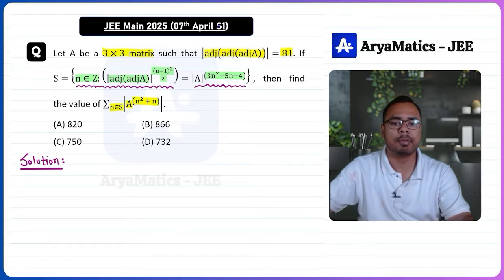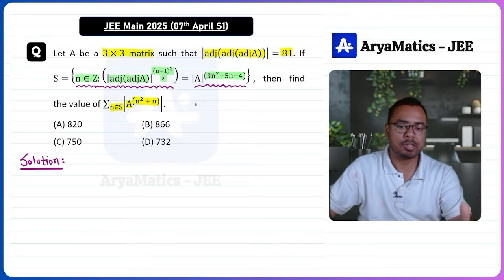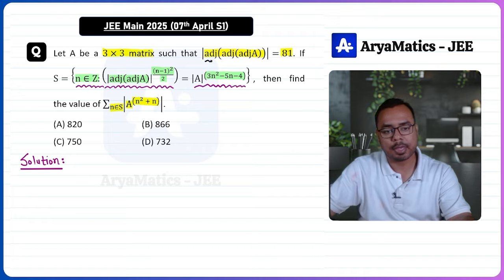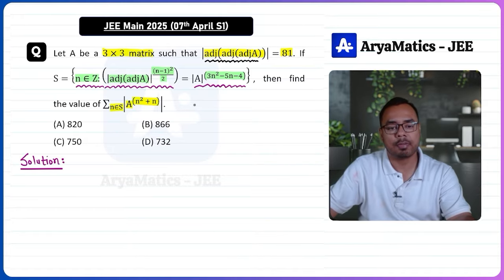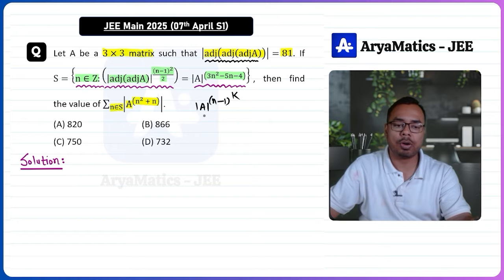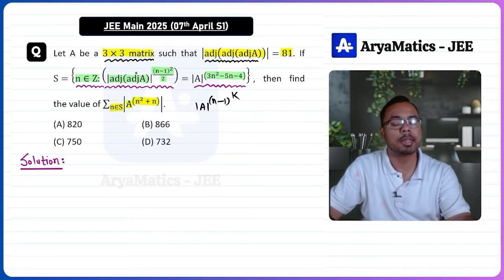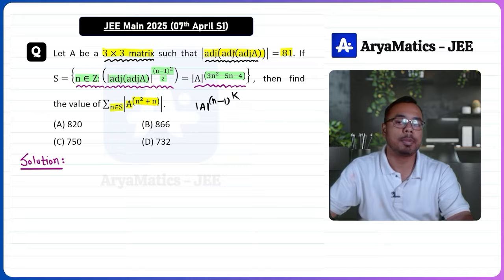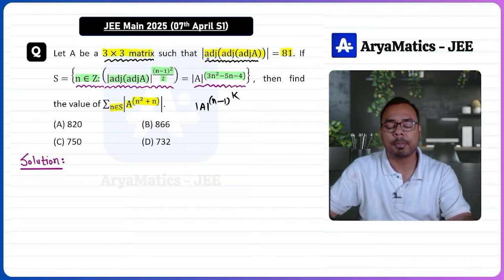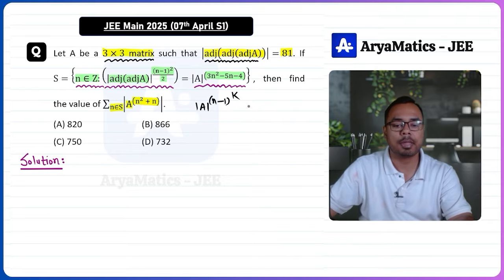So we know that if we have determinant of adjoint of any matrix, and this adjoint is taken a number of times, then for this we have a standard formula that this is determinant of A raised to (n minus 1), and this raised to k, where n is the order of matrix. For example, here the given matrix is a 3 cross 3 matrix, so n will be 3. And this k is the number of times that we have adjoint. For example, here we have adjoint 3 times, so therefore this k will become 3.